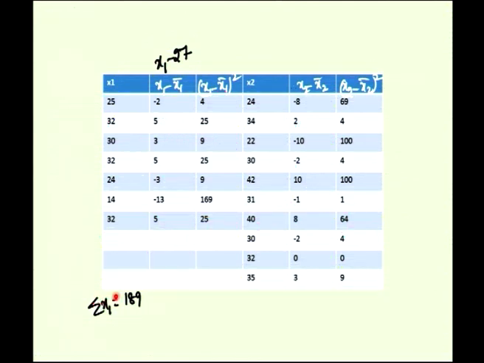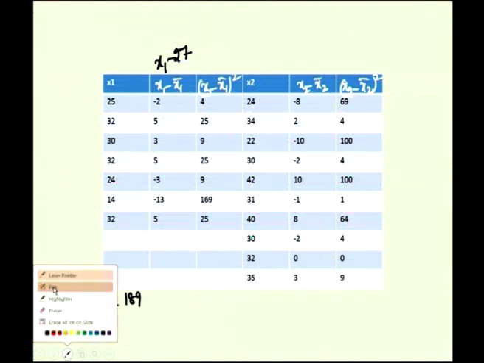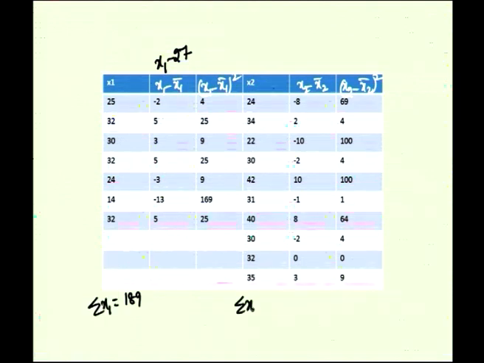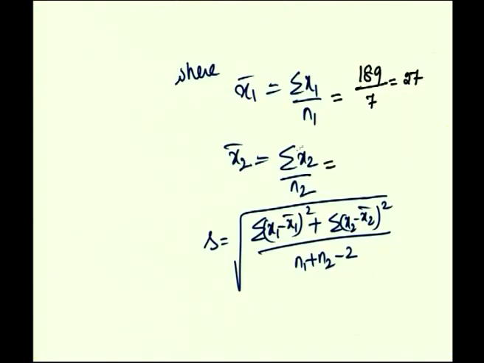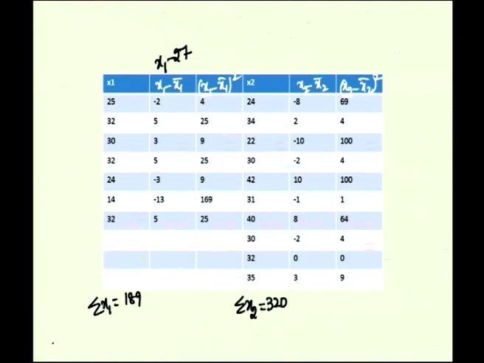Then we have the x2 values written. There are 10 values: 24, 34, 22, 30, etc., up to 35. What is summation x2? Summation x2 comes to 320. Then just substitute in x2 bar: x2 bar will be summation x2 by n2, which is 320 by 10, equal to 32. Then x2 minus x2 bar will be x2 minus 32. Each value is subtracted from 32.